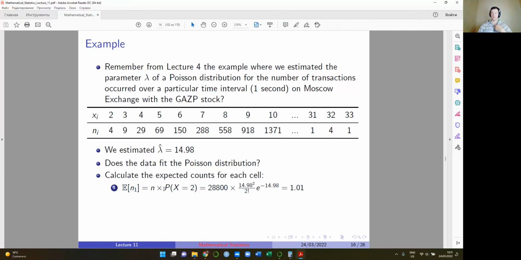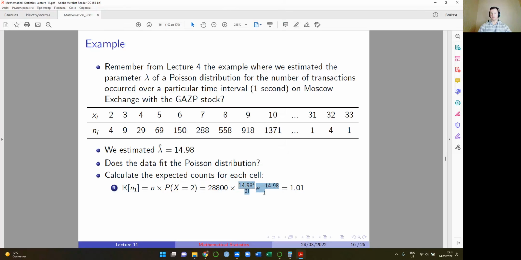If we believe that x has a Poisson distribution, then we can use the probability mass function for the Poisson distribution.